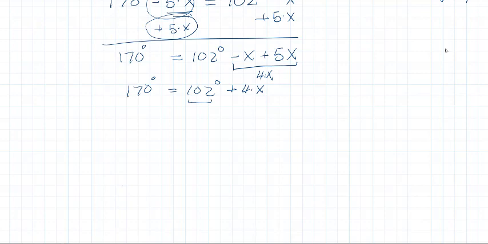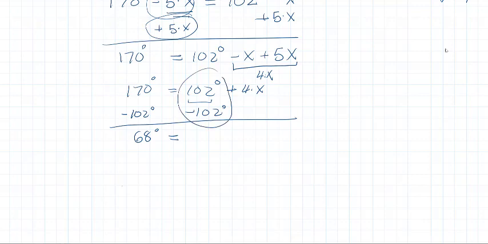We do that again by using the inverse operation. We will do minus 102 on both sides. So 170 minus 102 is 68 degrees. That equals 102 and minus 102 cancel, so that equals 4 times x.